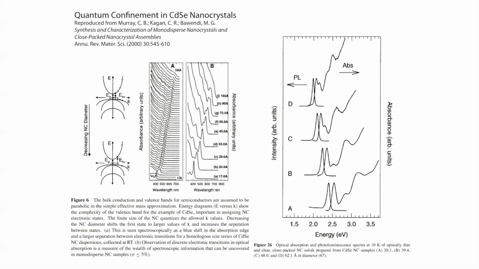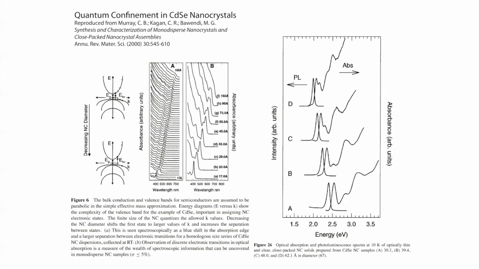And so a lot of time has been spent showing how this sort of phenomenon plays out in the optical spectrum of these materials. And just to the right of those diagrams, you can see a bunch of different UV visible absorption spectra of cadmium selenide, starting at the bottom down below 20 angstroms or 2 nanometers of diameter, and then heading up to as high as 15 nanometers in total diameter. And so not only do the peaks shift from left to right as the confinement potential gets smaller and smaller, the radius of the box, the dimensions of the box get larger and larger.